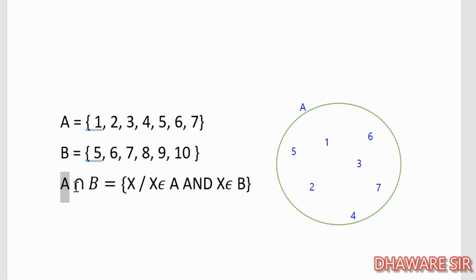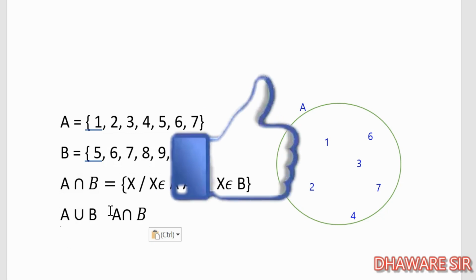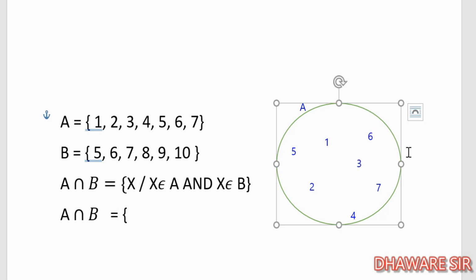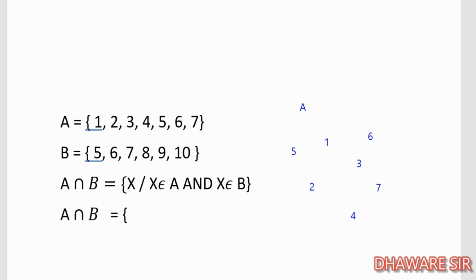Now, when we write A intersection B, what can we write here? The element must be in set A as well as in set B. Let us find out.